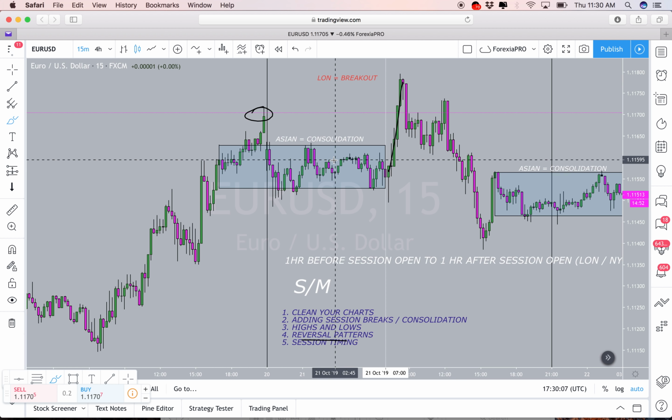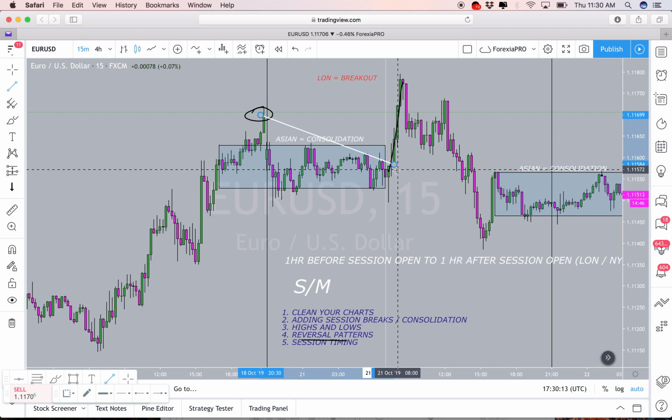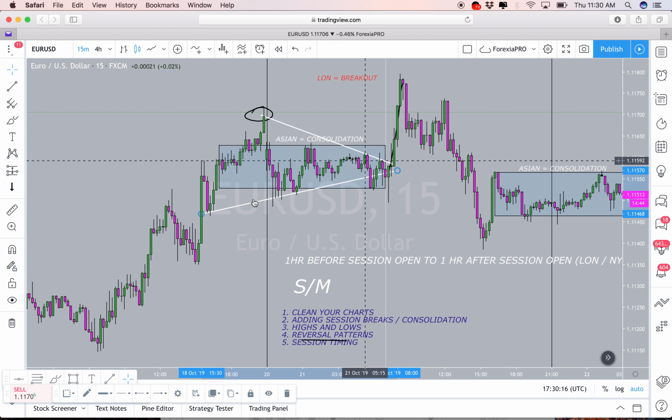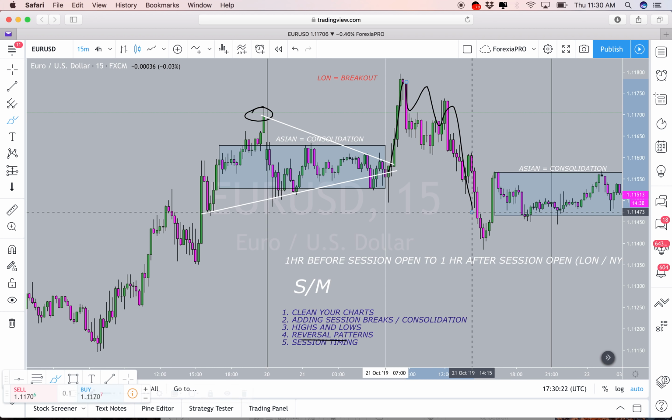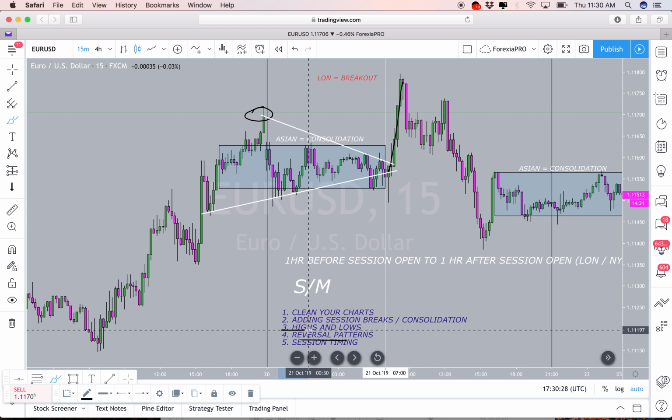Now, if we look just a little bit more, we can see something beautiful here. This is the Forexia signature trade. Wedge breakout pattern to the high, reverse off the high. Okay, this is all in combination. We have high and low.